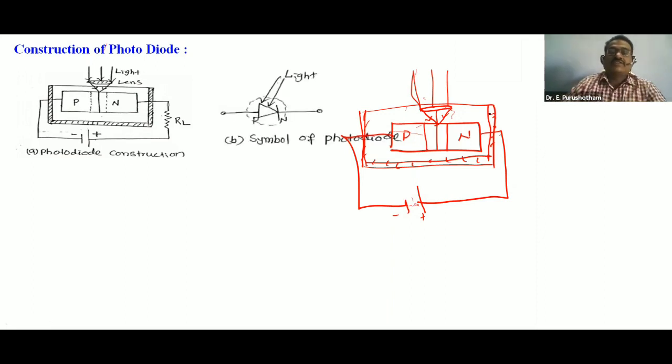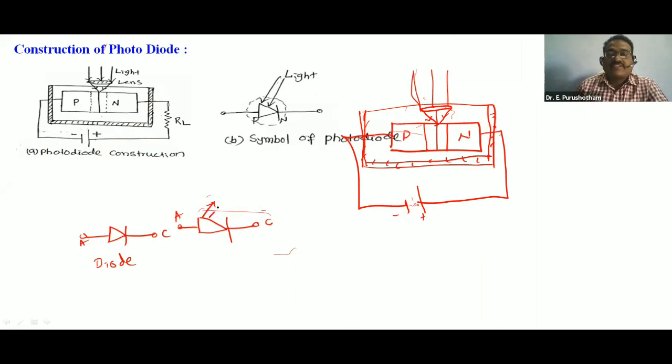You see here, this is the symbol of the photodiode. This is the anode, this is the cathode. This is a normal diode, with the same anode and cathode.